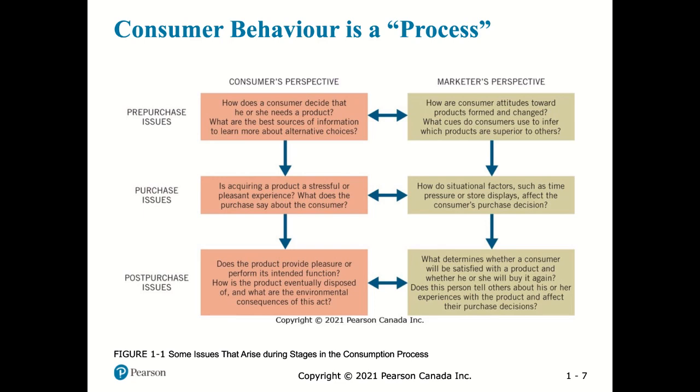Why? What's the reason behind it? Because maybe the quality, maybe the color, maybe the size, maybe the price. So whether he or she will buy again or not, the marketer will also think about this. If they buy, why are they buying? If they are not buying, why are they not buying? What's the reason behind it? The whole chapter, the whole syllabus is around the behavior of the consumer.